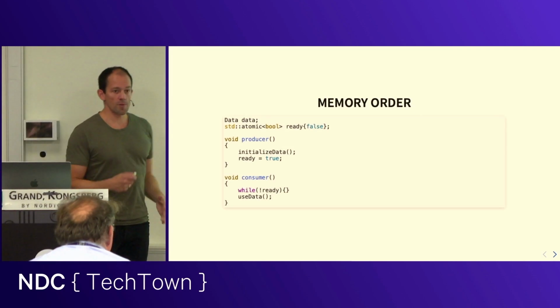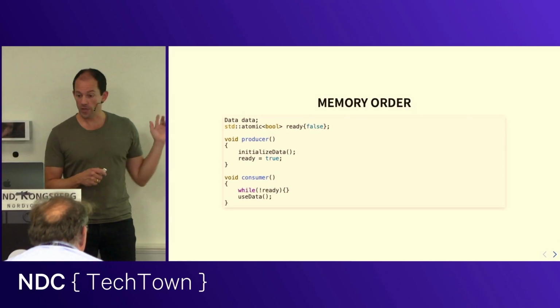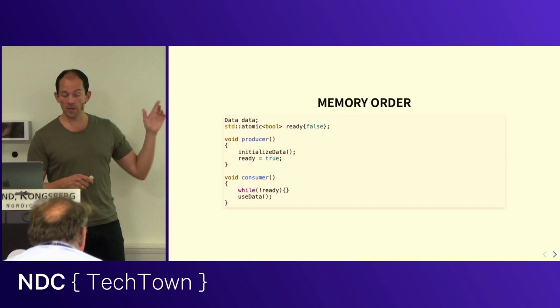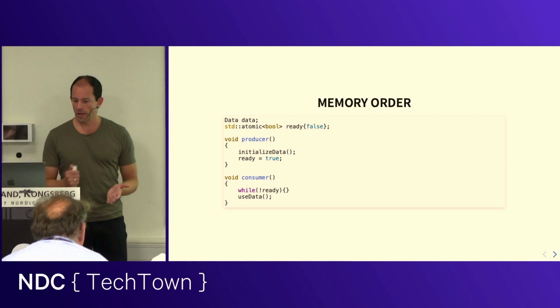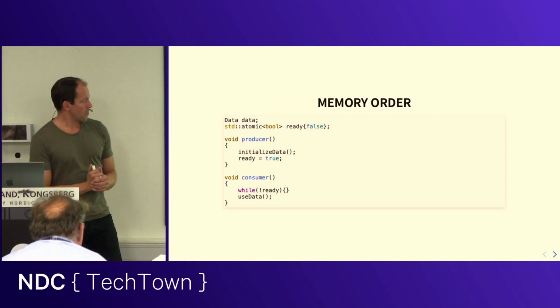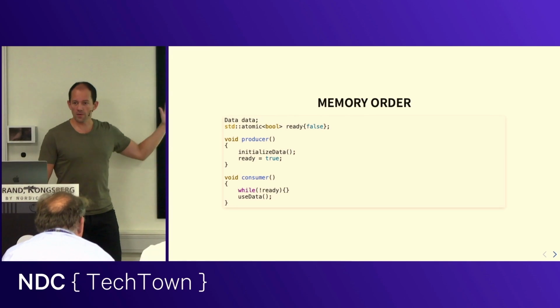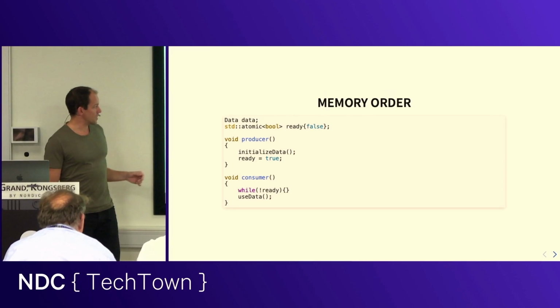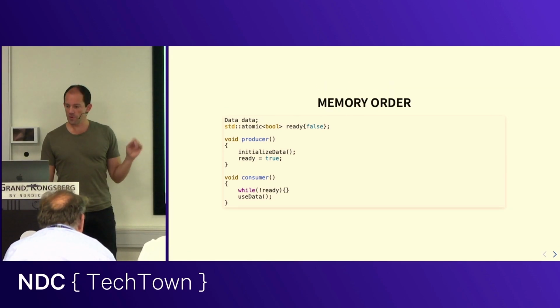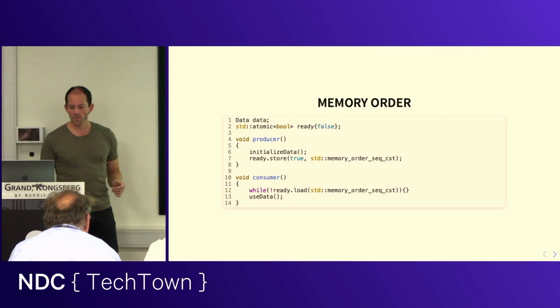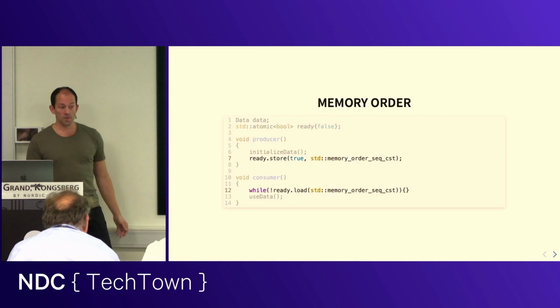So here's the same example again. The only thing we did was to change this ready to be an atomic bool instead of just a bool. And this is nice and convenient. You don't change anything in the code, it just happens correctly. But what's actually going on here is this.